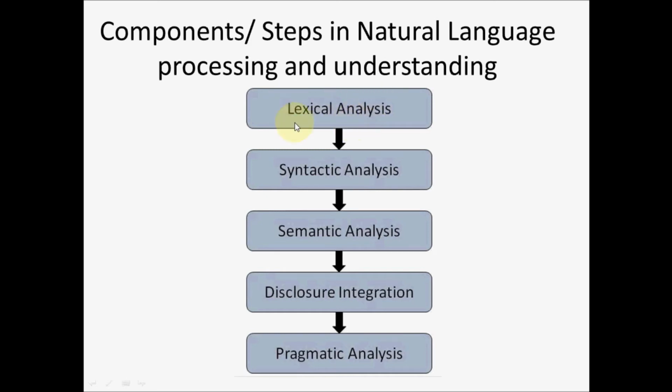After the lexical analysis, after processing the given English or natural language sentence, it is given to the second process that is called syntactic analysis. Syntactic analysis has got something to do with the syntax or the representation of the sentence, the rules. Then from syntactic analysis we go to the semantic analysis, wherein we are trying to deduce the meaning of the sentence, whether the meaning is correct or not.